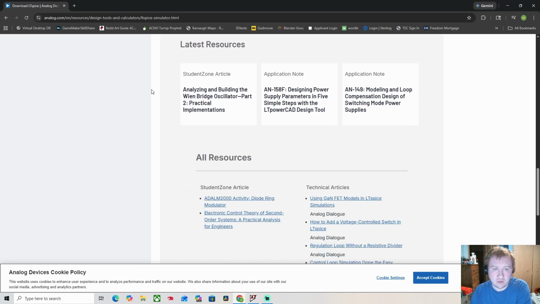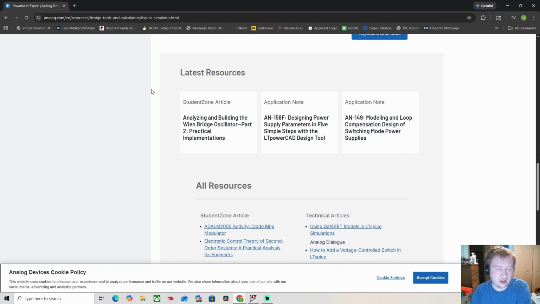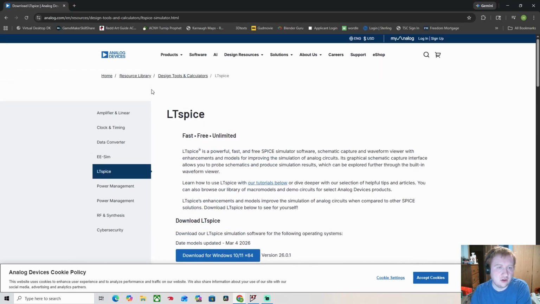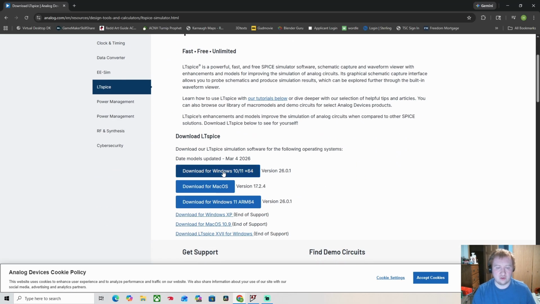So in any case, all you have to do is go to analog.com and go to their design tools and calculators and find LTSpice, or you could just Google LTSpice. You just download it, and there are a couple of libraries that you have to wait for the first time, but every once in a while new spice models get imported.